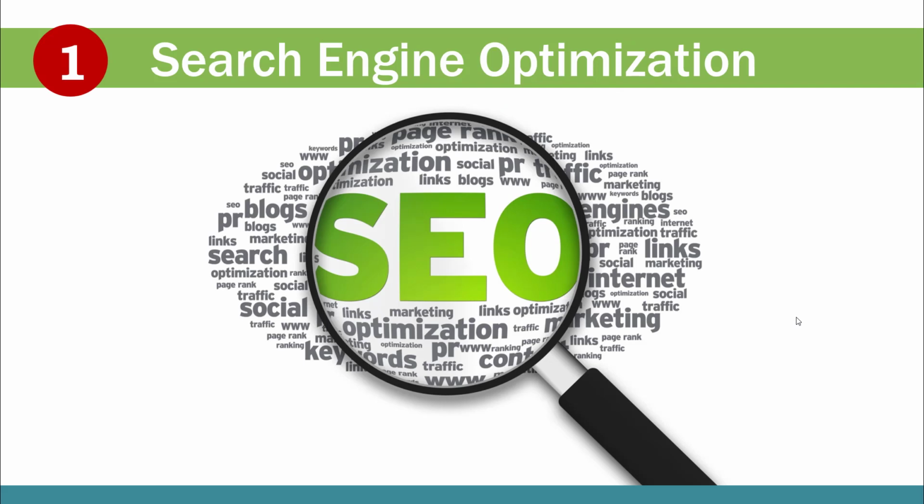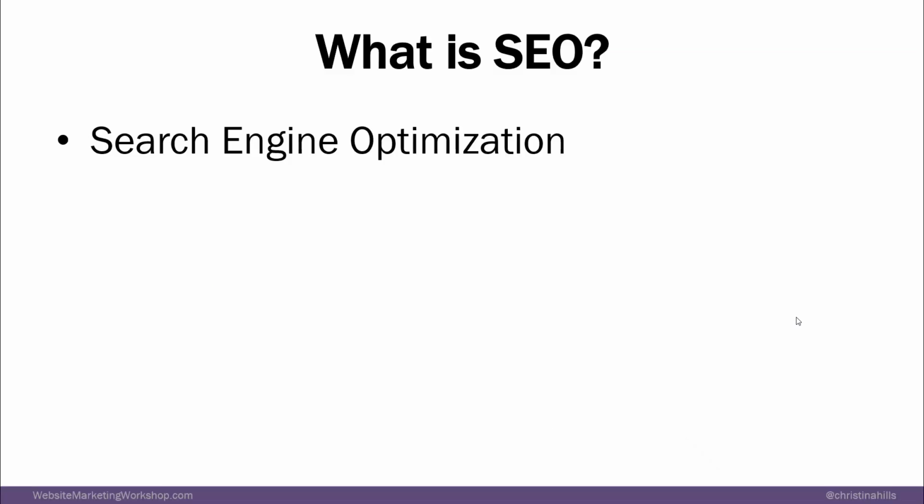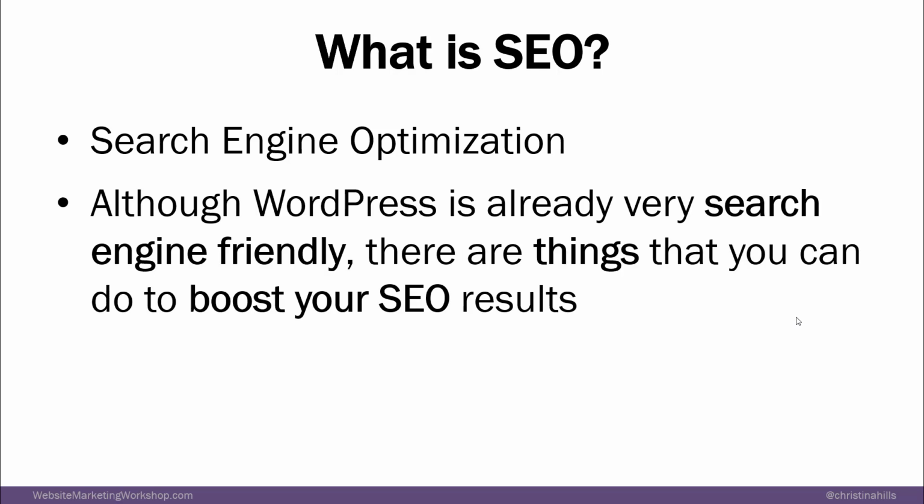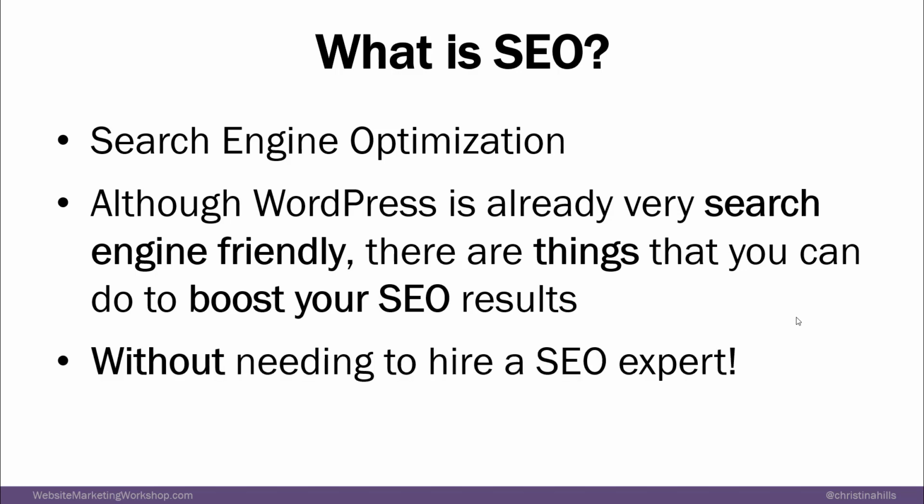All right, so let's start off with number 1, which is search engine optimization, also known as SEO. SEO stands for search engine optimization. And although WordPress is already very search engine friendly, there are things that you can do to boost your SEO results without needing to hire an SEO expert.